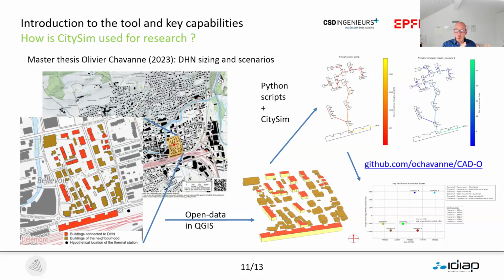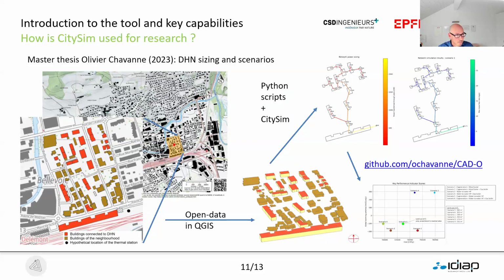Basically he used open data in QGIS and he built Python scripts to read all this data that you have stored in a geo package coming from QGIS to build a CitySim model of the buildings that you can see in the center of the slide. And he made a script to automatically create a tree, the minimum spanning tree between the potentially connected buildings that are in orange on the slide.